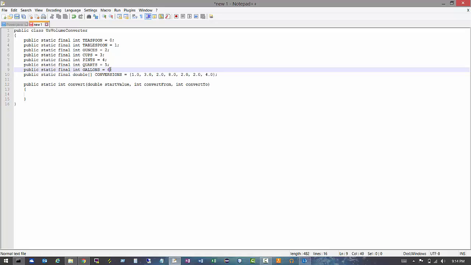Despite the good naming convention on these constants, teaspoon, tablespoon, ounces, cups, there's no way for the computer to quantitatively compare the variable named quarts to the variable named ounces based on how much volume they hold or anything intrinsic about the name of that variable.